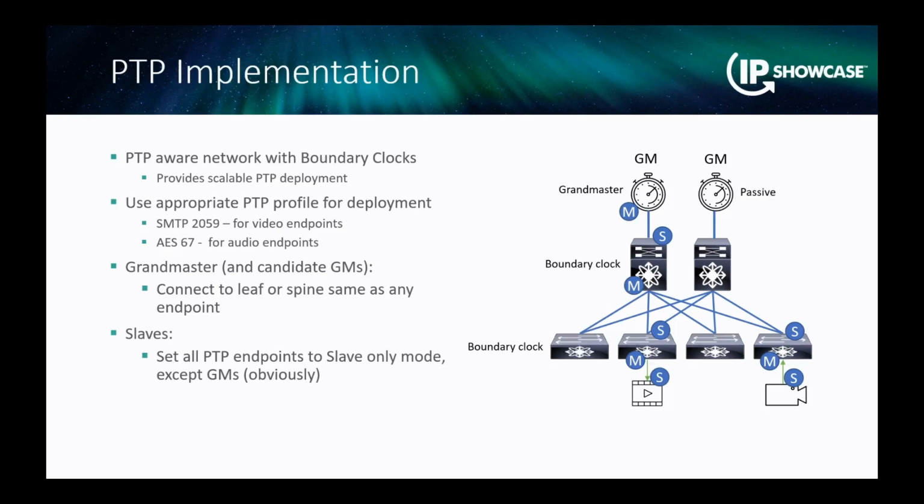In my case, I connected it in this diagram to the spine, but it can as well be connected to the leaf. And when you create this network, configure the ports facing those endpoint devices in master mode, so they cannot take over the time synchronization in the network. You force those ports to always be in master mode, so the endpoints are slave devices.